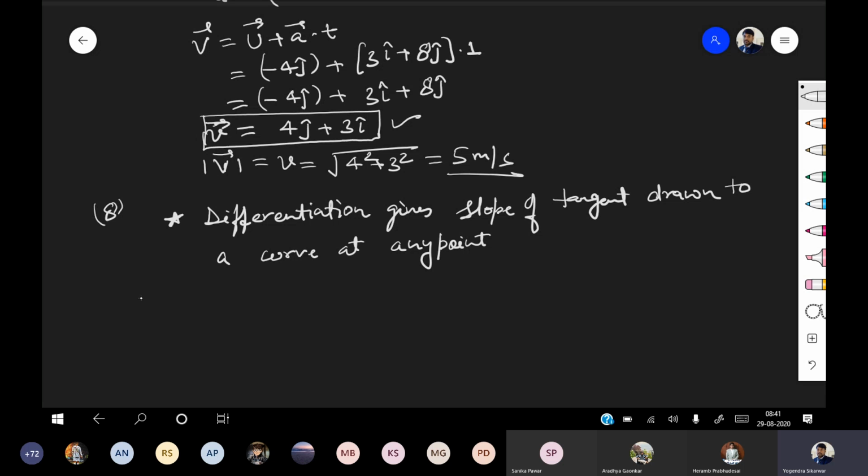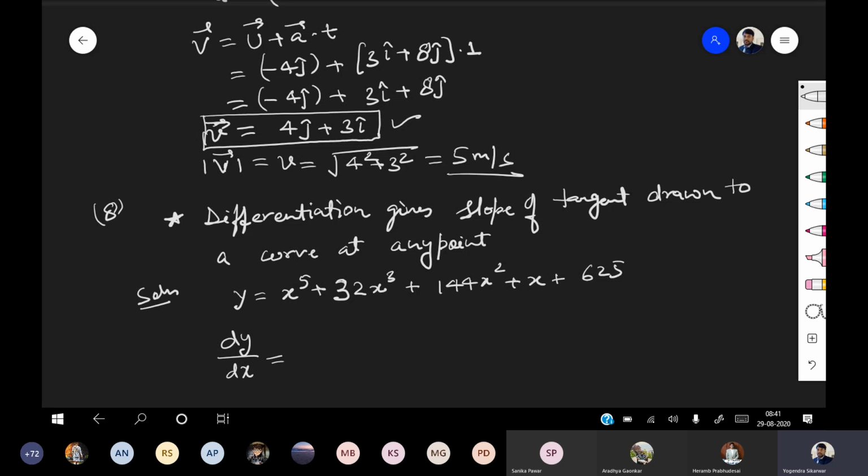So y is given as x to the power 5 plus 32 x cube plus 144 x square plus x plus 625. So dy by dx will be 5x to the power 4, differentiation of x to the power 5.